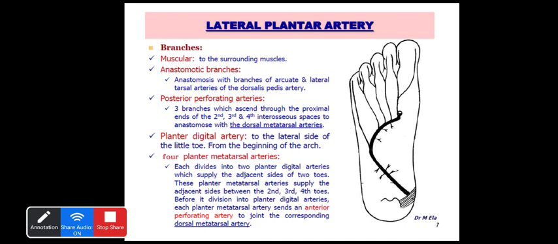That's why these are called perforators: the perforators connect the dorsal metatarsal and the plantar metatarsal arteries. That is the significance of the perforators.